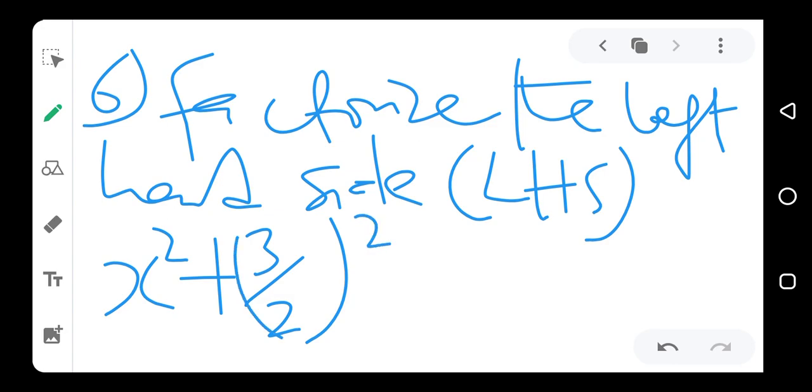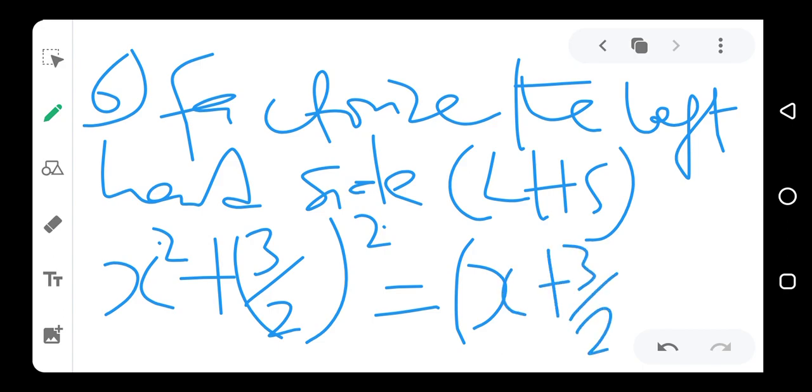Now we can factorize it and make it to be in the form of there's square here, there's square here. So we can take a common bracket for two of them and factorize it to look like this: x plus 3 over 2. Then we take their common power. So we have x plus 3 over 2 squared. So we make it to look in this form.